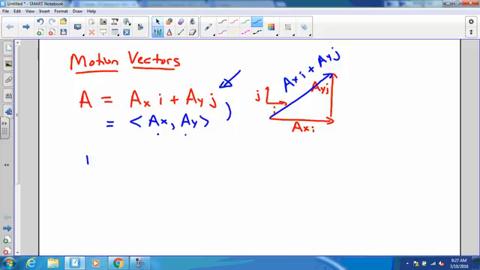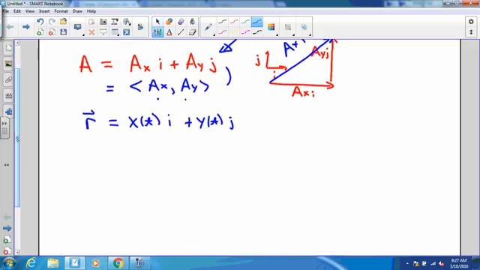Today I want to consider what happens if we have a position that is going to be defined parametrically by x of t i plus y of t j. What does this mean? Well, our position vector is going to measure the distance from the position of the particle to the origin.